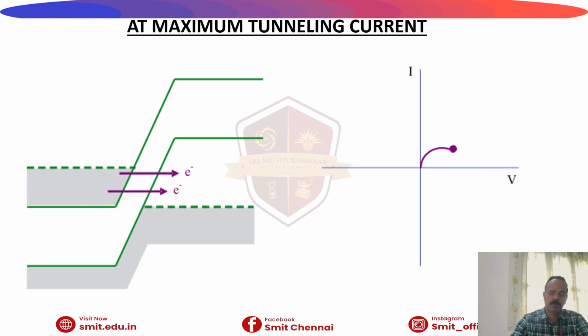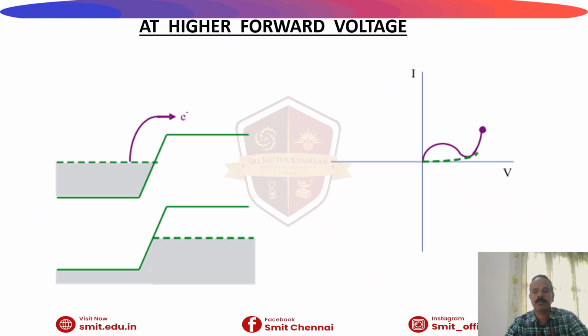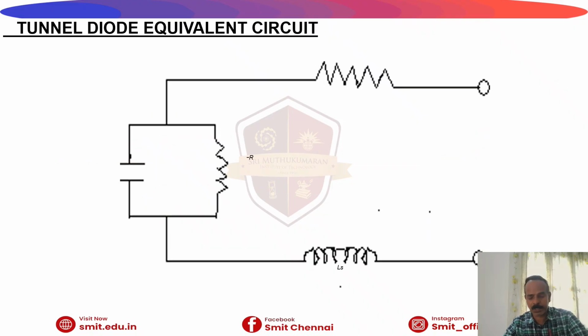And then we are going to see about the tunnel diode equivalent circuit and its properties. The tunnel diode operation can be represented by including the negative resistance component along with the small series resistance and capacitor. This negative resistance region represents the negative slope of the VI characteristics.